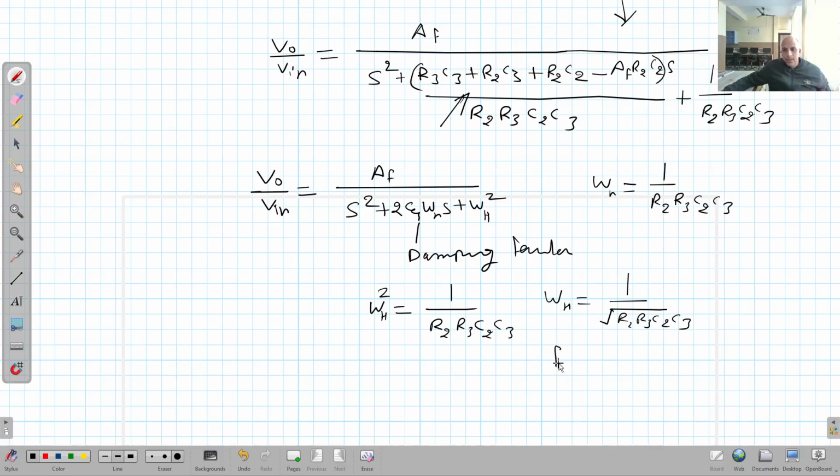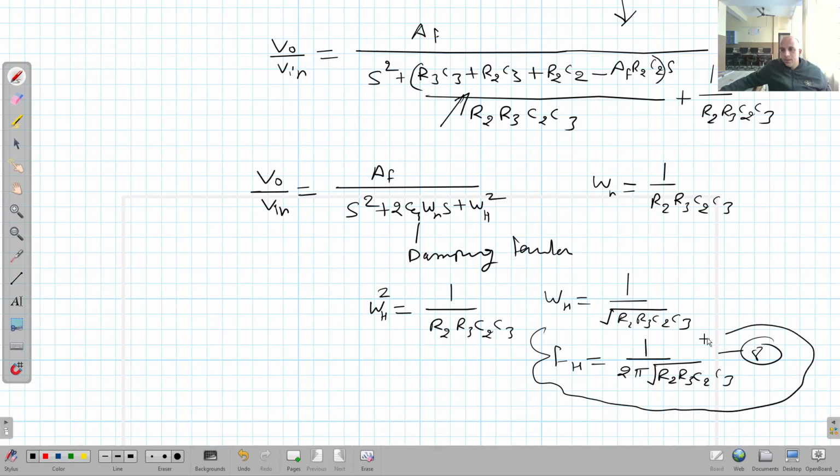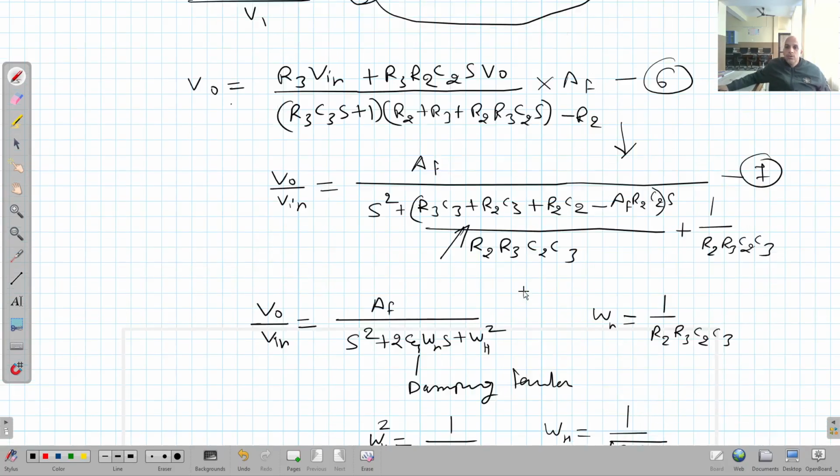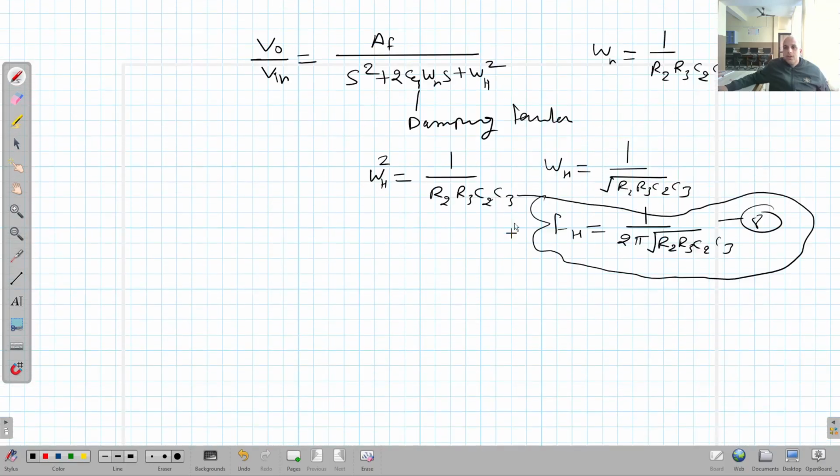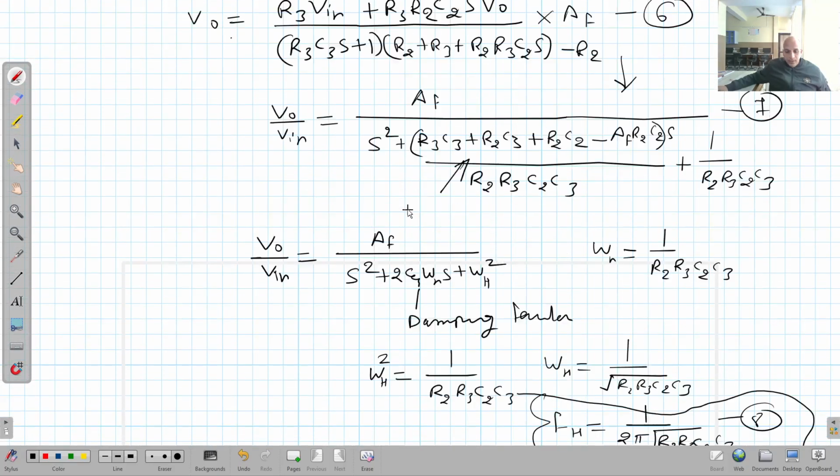So obviously fH will become 1 upon 2 pi under root R2 R3 C2 C3. So this is equation number 8. This is the maximum frequency that can pass through this circuit, clear. So this is the cutoff frequency or highest frequency, clear.